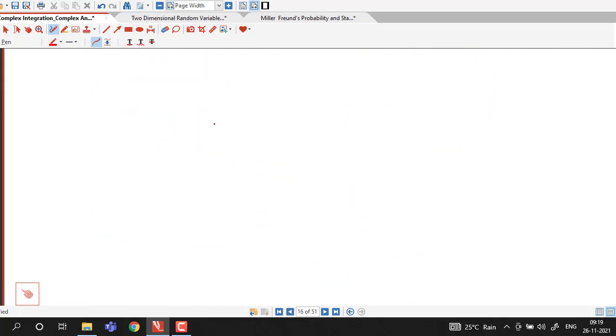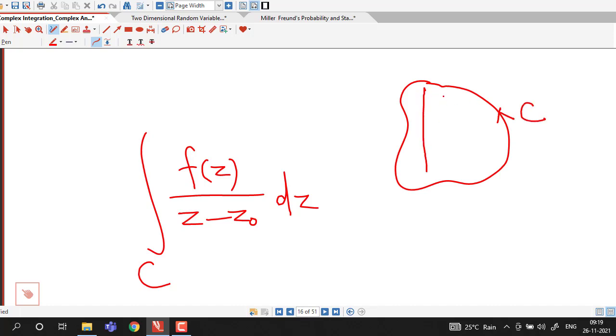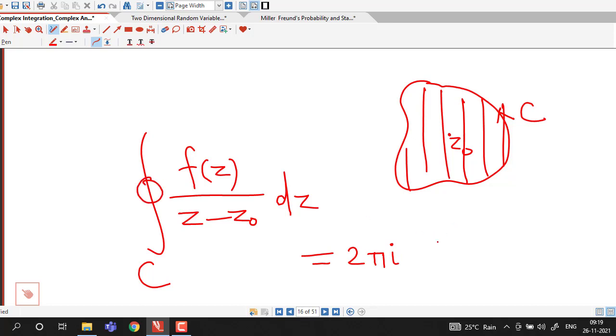If we are able to write the given complex integral in the form f of z divided by z minus z0, where f of z is analytic everywhere inside and on a simple closed contour C, and z0 lies inside C, then by Cauchy integral formula the value of this complex integral is 2 pi i times the value of the function at point z0.